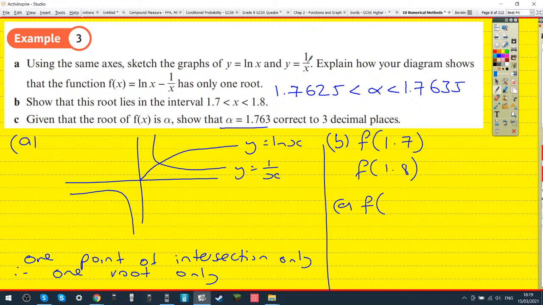To potentially get an answer similar to 1.763. Nope. You'll get 1 is negative, 1 is positive. Okay. You'll get f of 1.7635. You'll say there's a sign change, therefore there's a root, basically.